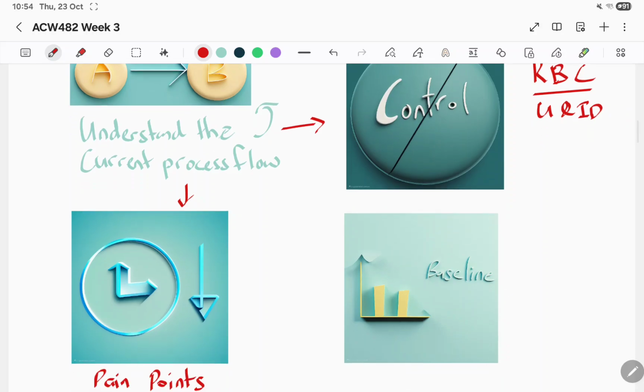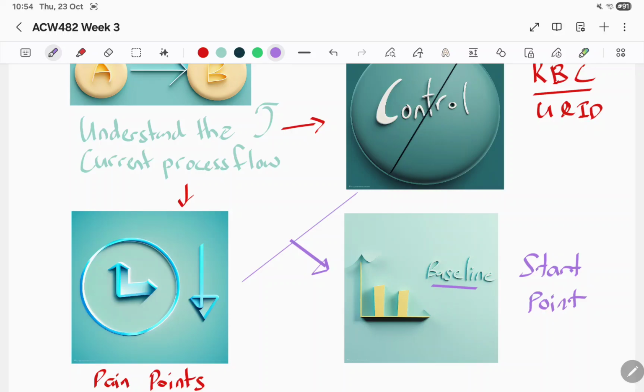And of course, with all of this, we will set ourselves the baseline. Baseline is like the start point, the start point of the project, the start point of the system development. This is what we are right now, this is what we should solve, and these are the baseline.